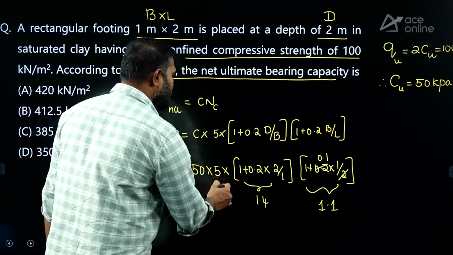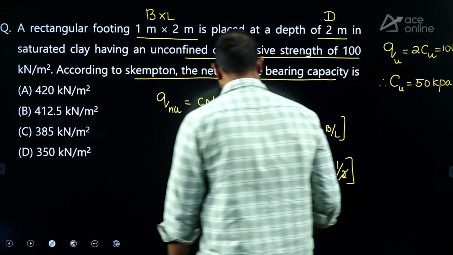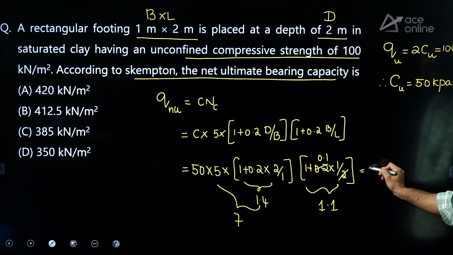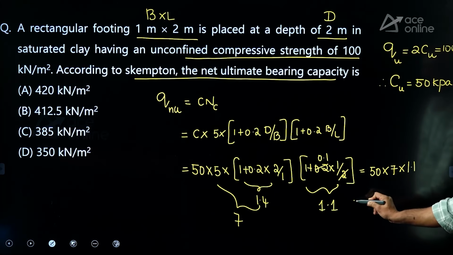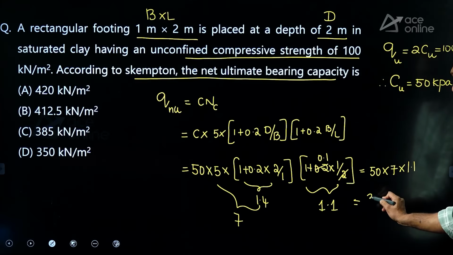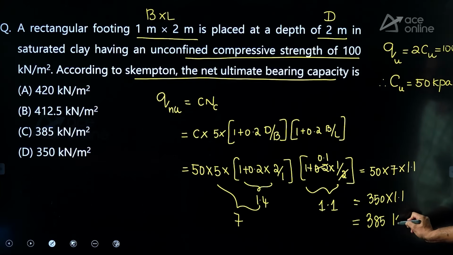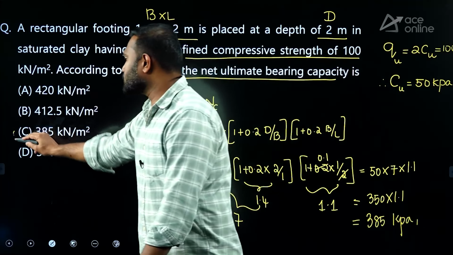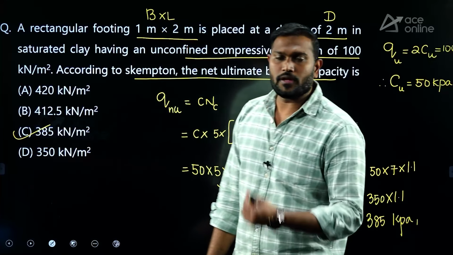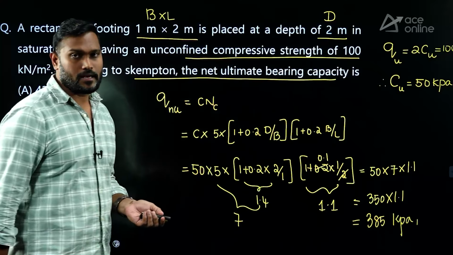So 1.4 into 5 is 7. Eventually this is 50 into 7 into 1.1. 50 into 7 is 350, into 1.1, that is going to be 385 kilopascals. So the answer from the given options is option C. You should not go with the 350, you have to go with the 385 because the given footing is a rectangle.